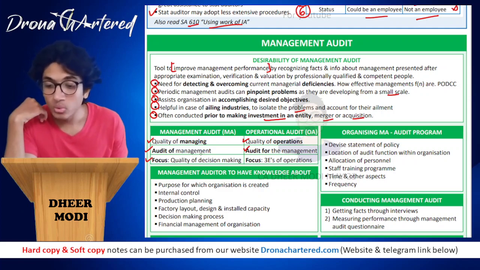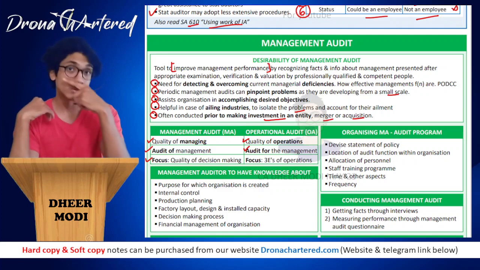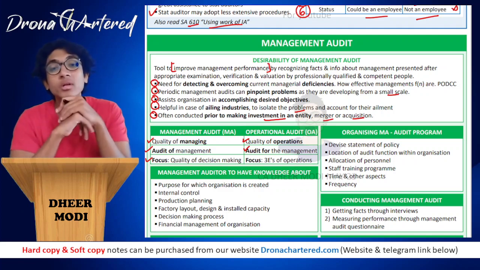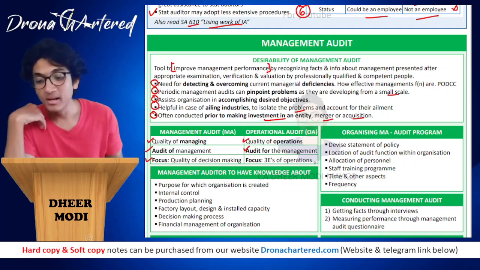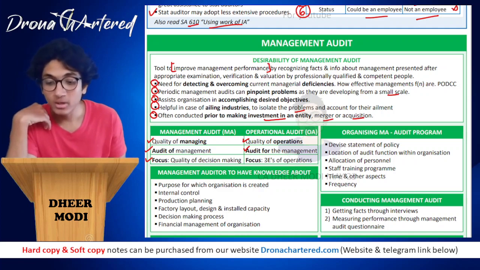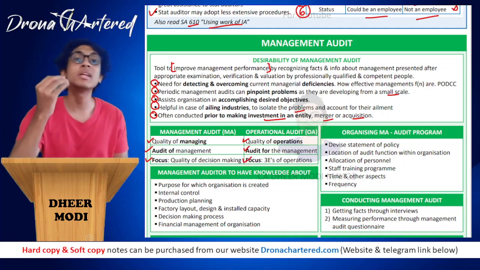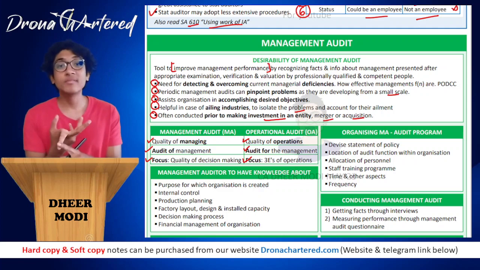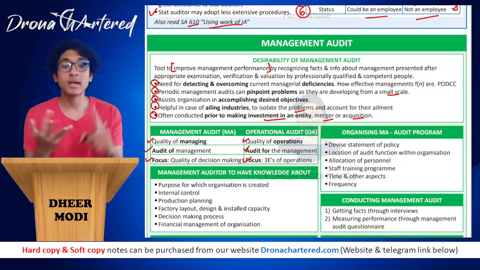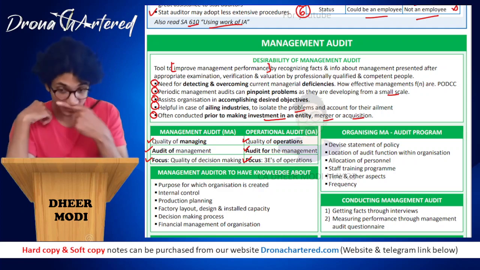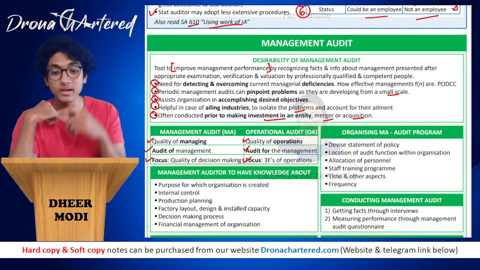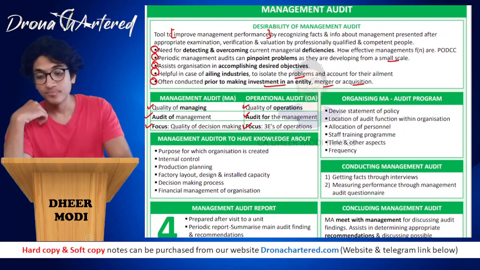Your focus is quality of decision making. In management audit, your focus will be the quality of decision making of the management, while in operational audit your focus will be the three E's: effectiveness, efficiency, and economy. So this is the difference between management audit and operational audit.